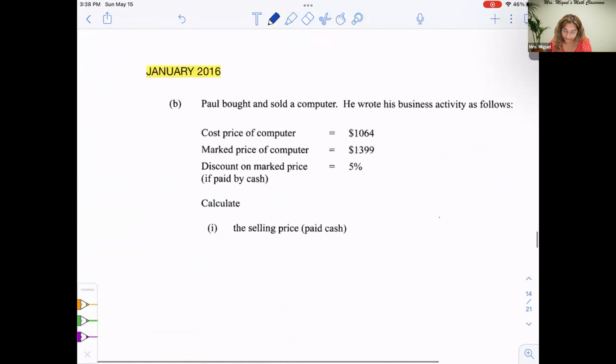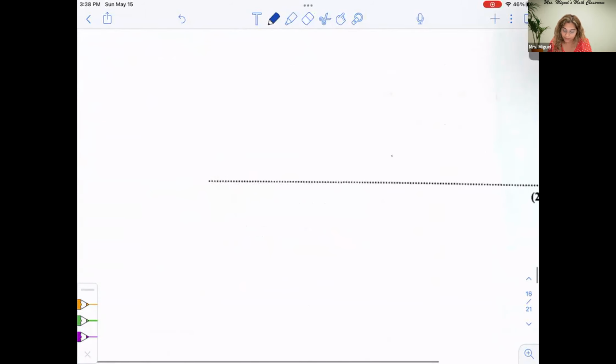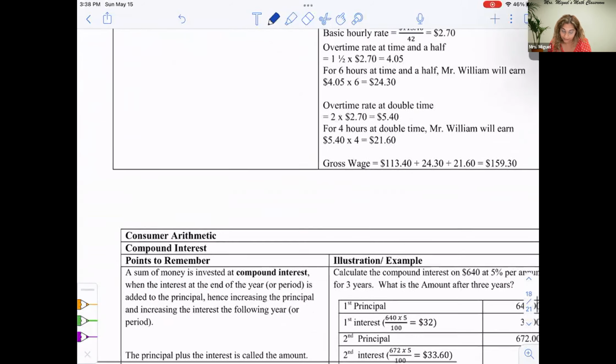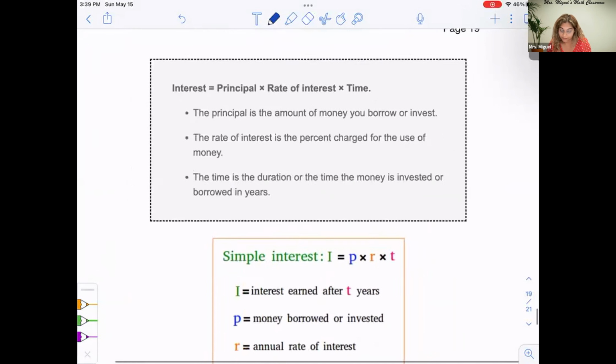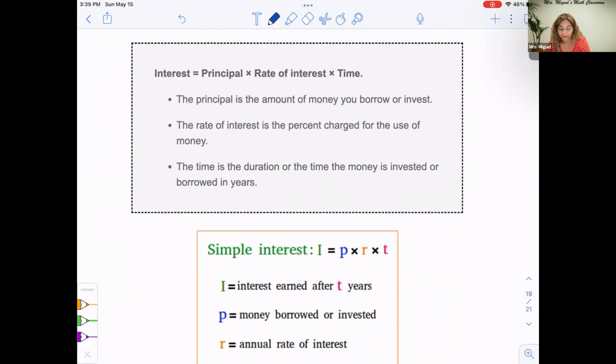Before we go to that, let us look at some notes. Interest is principal by rate by time. The principal is the amount of money you borrow or you invest.